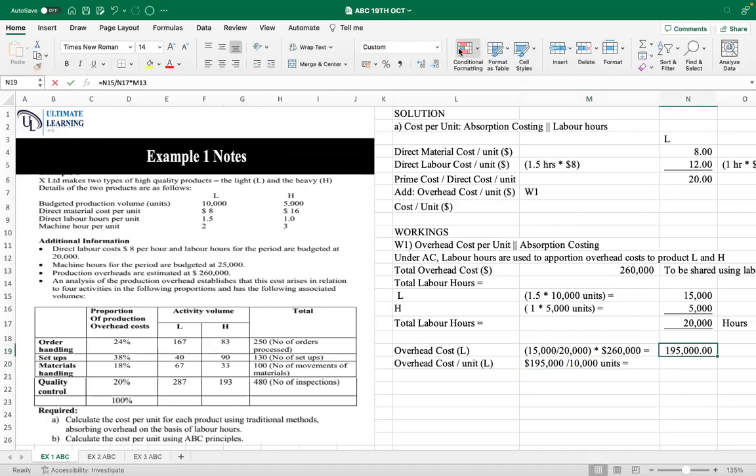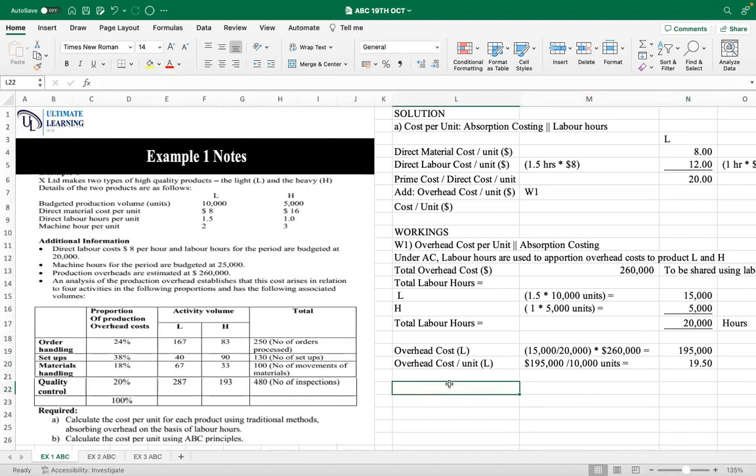So this is 195 that we are talking of. What does it give us? It gives us 195 divided by 10,000, so it gives you 19.50. That is the overhead cost per unit of L.